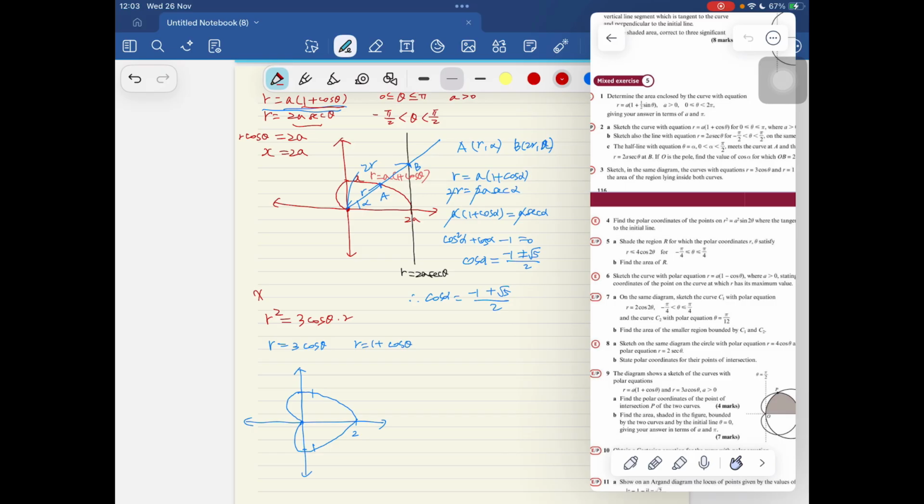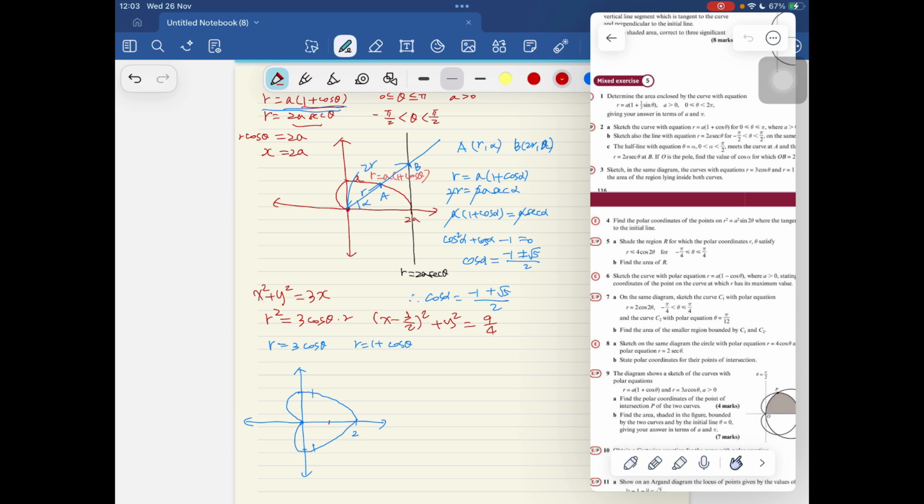So r squared is x squared plus y squared equals 3x, so (x minus 3 over 2) squared plus y squared equals 9 over 4.